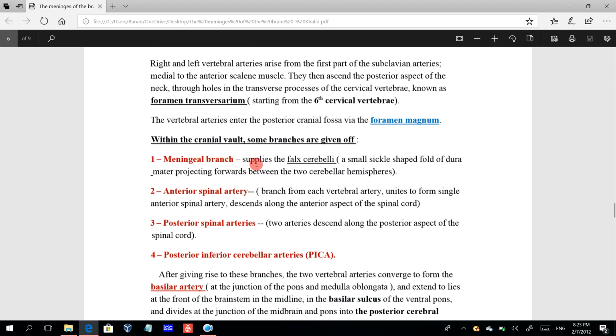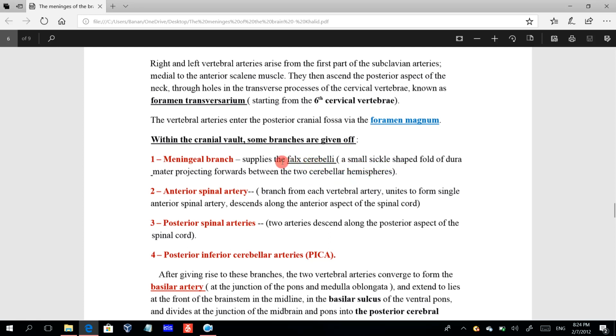It supplies the falx cerebelli, which is a small sickle-shaped fold of dura mater projecting forwards between the two cerebellar hemispheres. Falx means sickle-shaped, like a sickle.